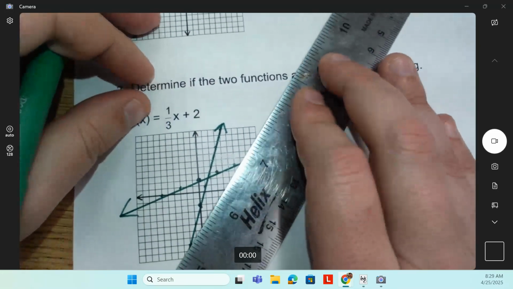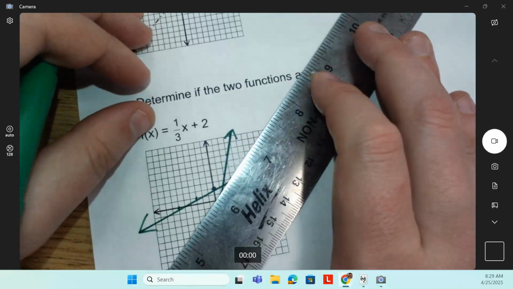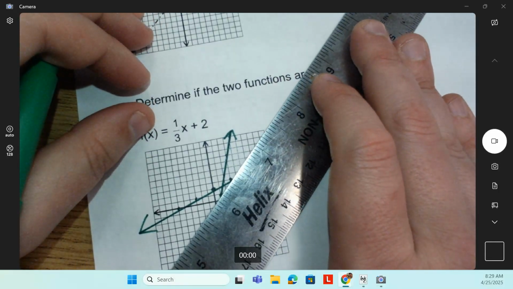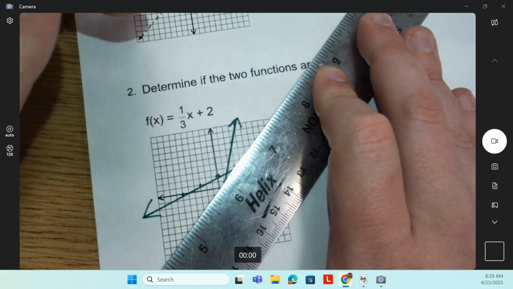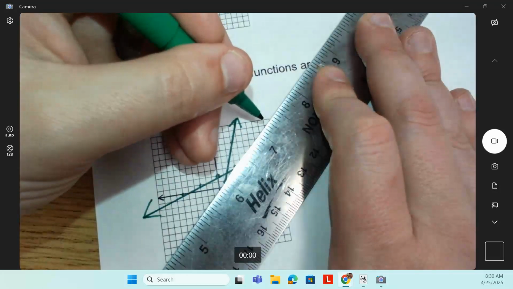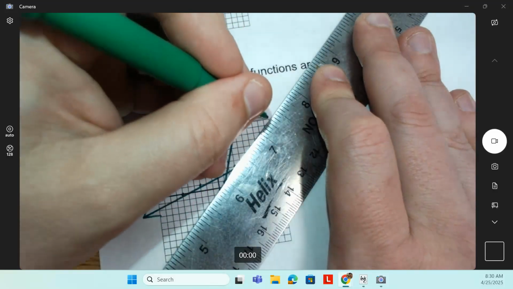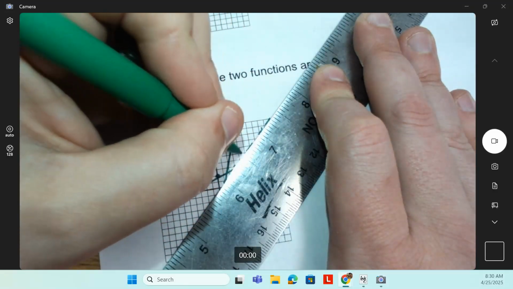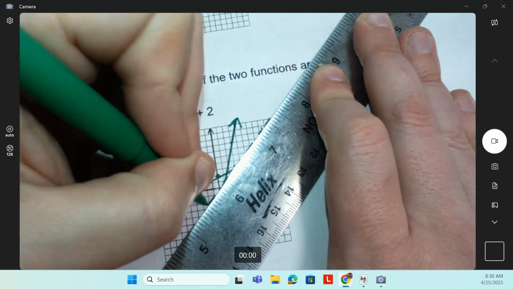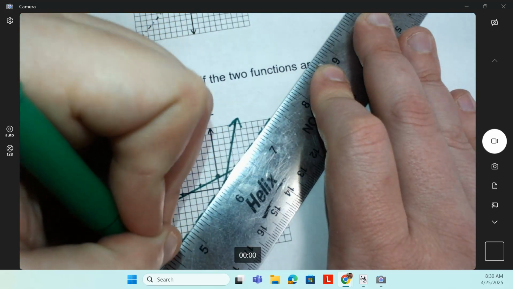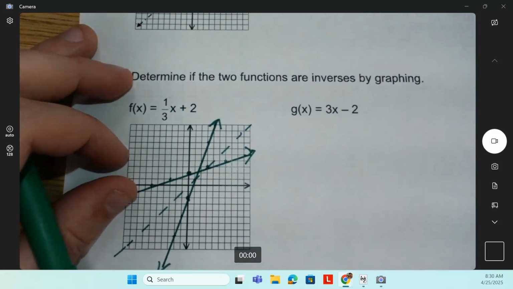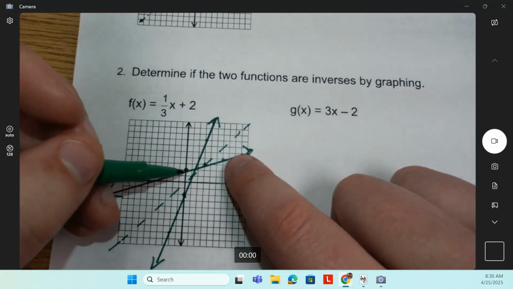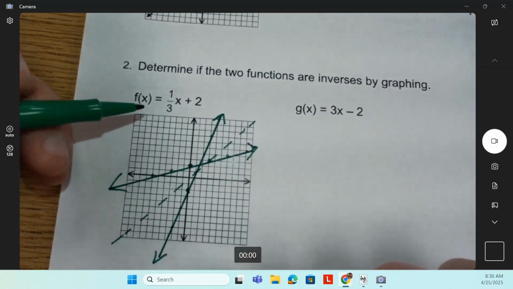Okay, so it's looking good for us, but one of the things I'm also going to do is put this line for y equals x. When I do that, it looks like it's crossing a little bit off of the line, and this one should be cheated up a little bit more.